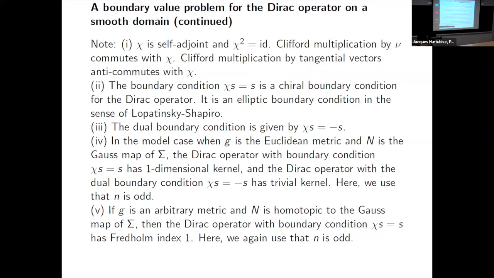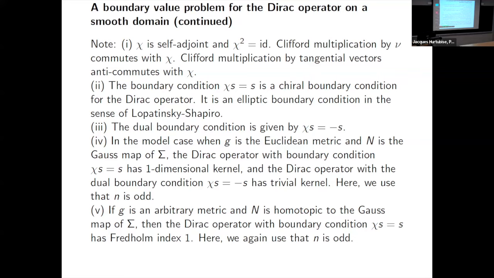Another way of doing it would be to use index theory. For example, there's a holographic index term, and that lets you compute the Fredholm index in greater generality. But at least in this case, you can just compute it using deformation invariance based on the study of the model case.